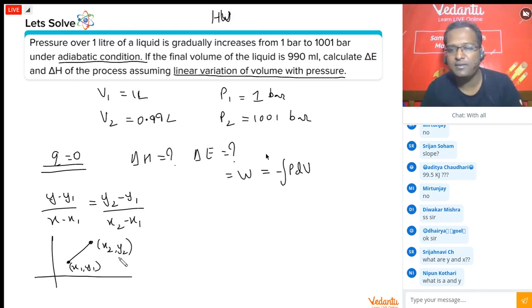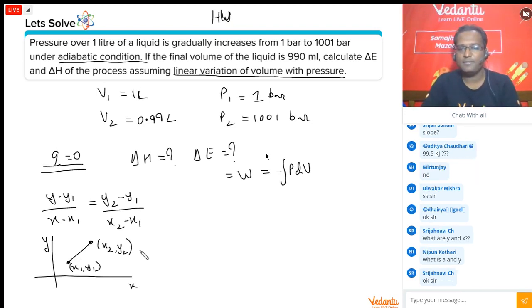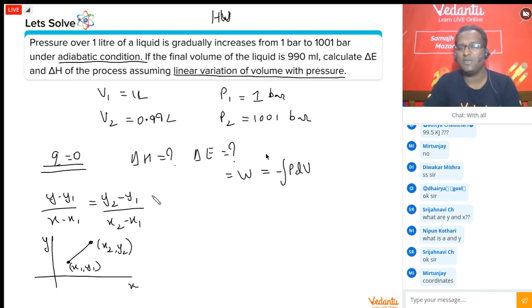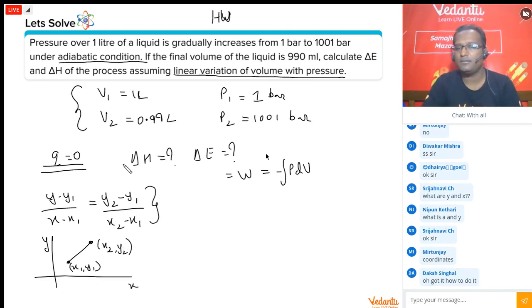Bhaiya, what are y and x? Y is the y-axis coordinate, X is the x-axis coordinate. Now, do you see that you can use this equation and this given data to find P versus V?